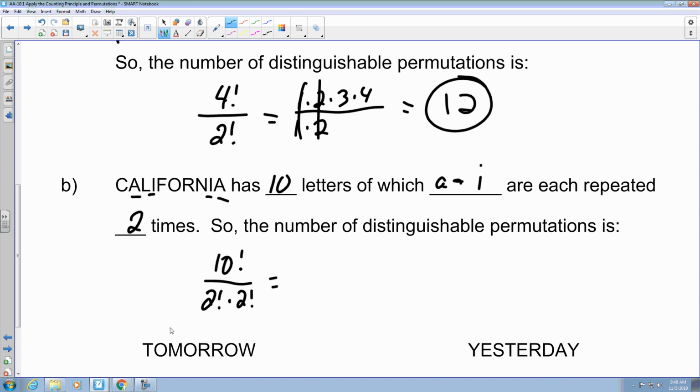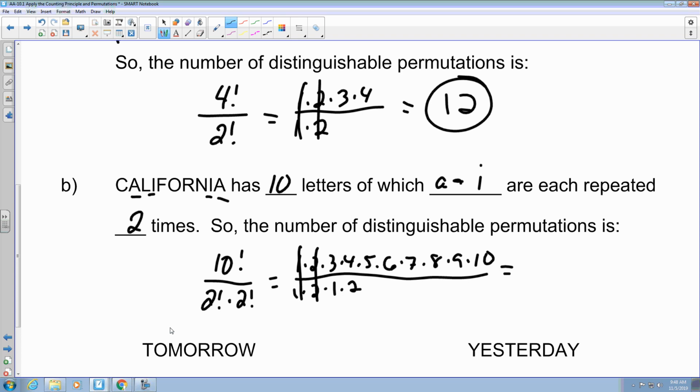So this is going to equal 1 times 2 times 3 times 4 times 5 times 6 times 7 times 8 times 9 times 10 divided by 1 times 2 times 1 times 2. Cancel, cancel. On the top, you have 3 times 4 times 5 times 6 times 7 times 8 times 9 times 10, which gets you 1,814,400, divided by 1 times 2, which is 2, and divided by 2 again.